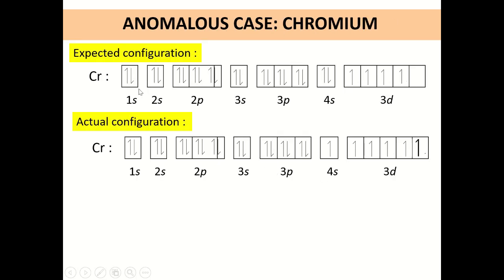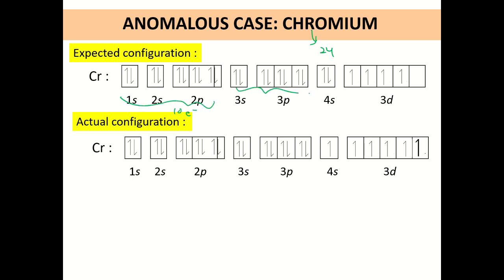So let's look at the example. When you answer the anomalous case, please answer it like this. First, you must state the expected configuration. If we follow the Aufbau principle, we must fill the lowest energy orbital first. Since chromium consists of 24 electrons, 2 plus 2 plus 6 is already 10 electrons.